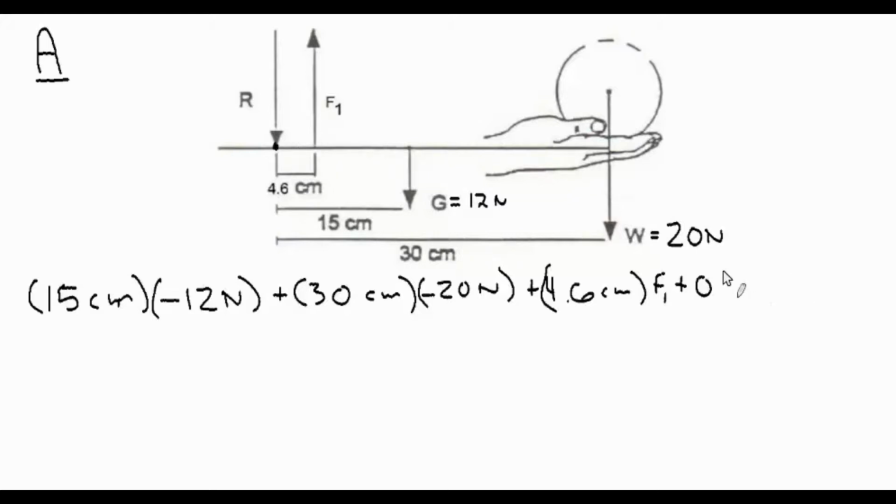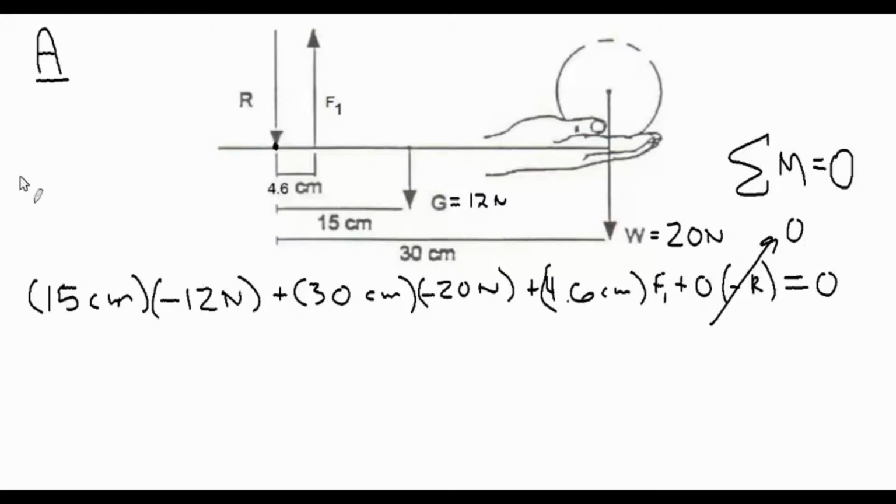So moment arm of 0 times, and R is pointing downwards, so negative R, is equal to 0 for static equilibrium, because as you'll recall, the condition was that the sum of all the moments is equal to 0. The other thing to notice here is that 0 times negative R is 0, so that goes away. That's very convenient in this problem. So that's the end of part A.